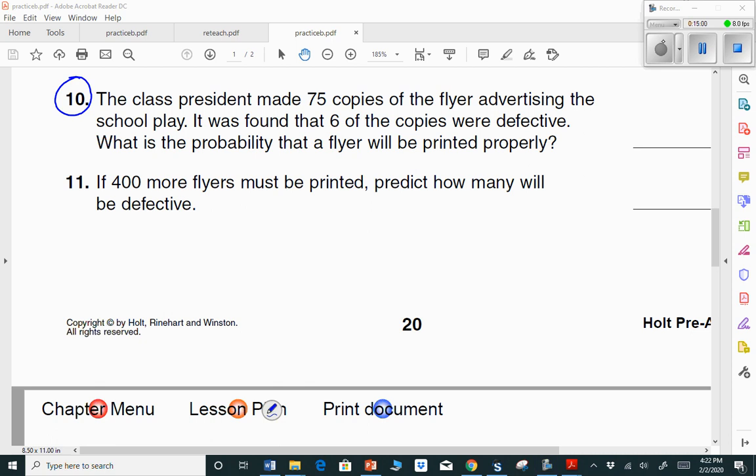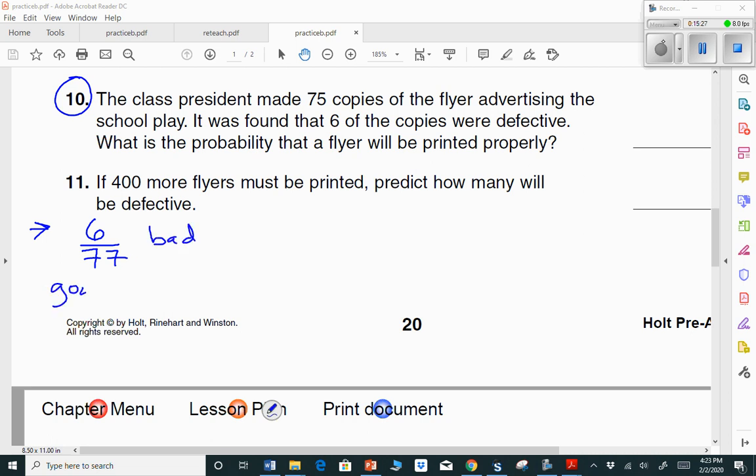All right, we're going to work number 10 in this space down here. The class president made 75 copies of the flyer advertising the school play. It was found that 6 of the copies were defective. What is the probability that a flyer will be printed properly? So the defective ones would be 6 out of 75 for the bad ones.